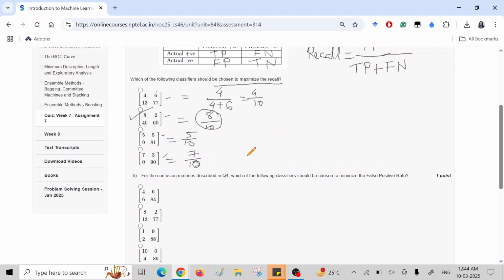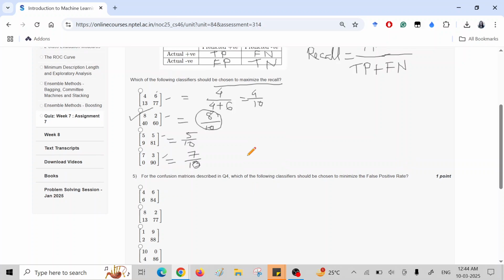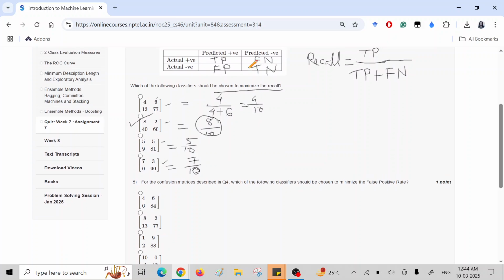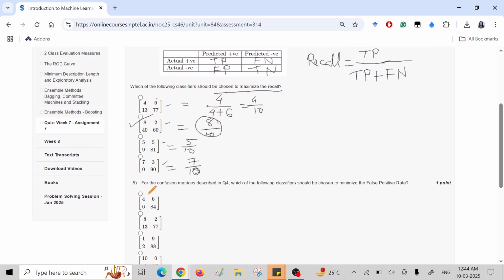Then moving forward to the next question. For the confusion matrices described in question number 4, the values are represented in the same pattern. Which of the following classifiers should be chosen to minimize the false positive rate? Again we have to know the definition of false positive rate, or FPR.